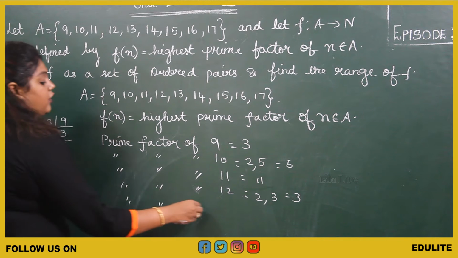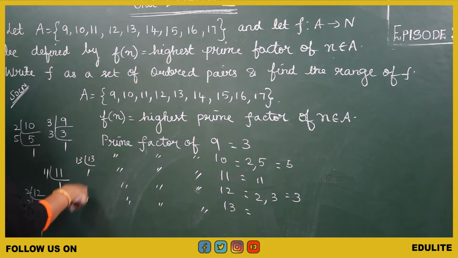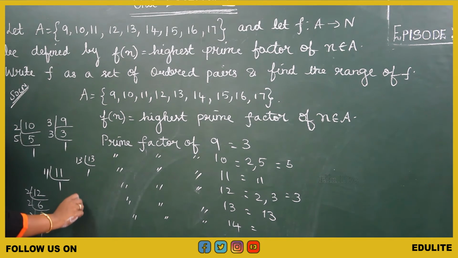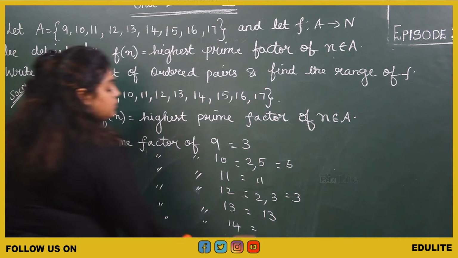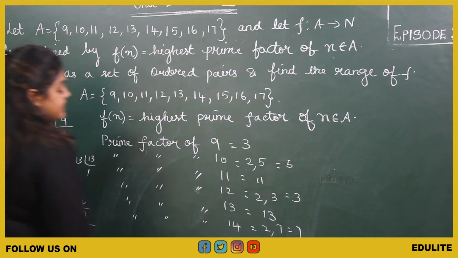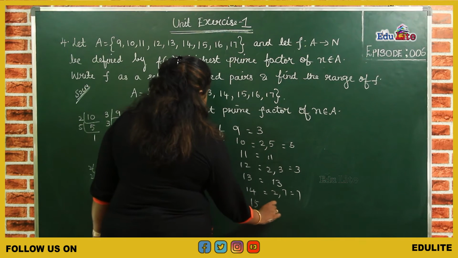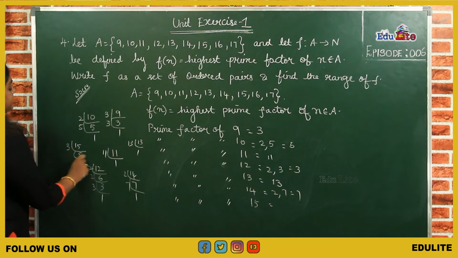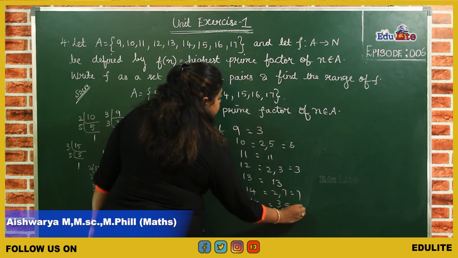Next is prime factor of 13. For 13 we can choose only 13, so the highest is 13. Prime factor of 14. For 14, 2 sevens are 14, so we get 2 and 7. The highest among these is 7. Next is prime factor of 15. For 15, 3 fives are 15, so we get 3 and 5. The highest among 3 and 5 is 5.